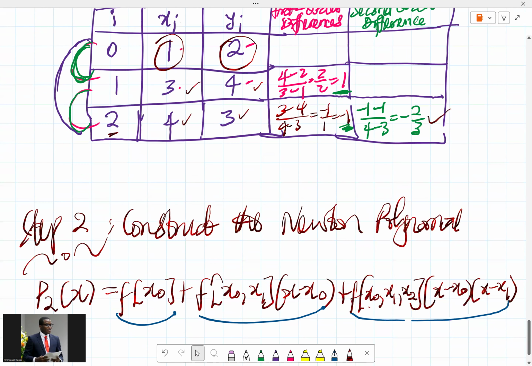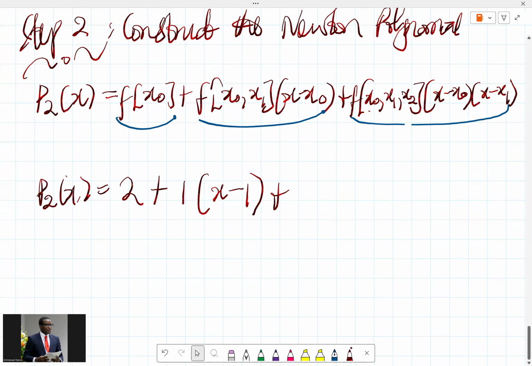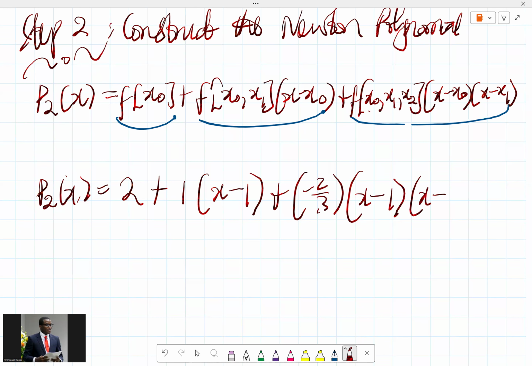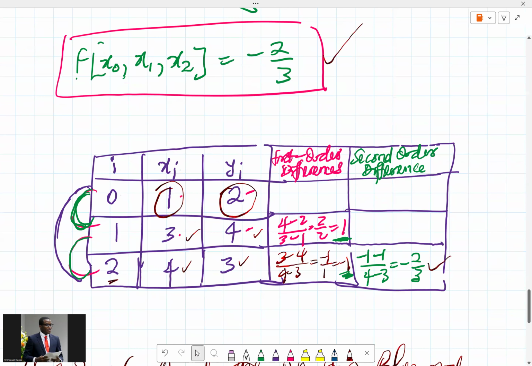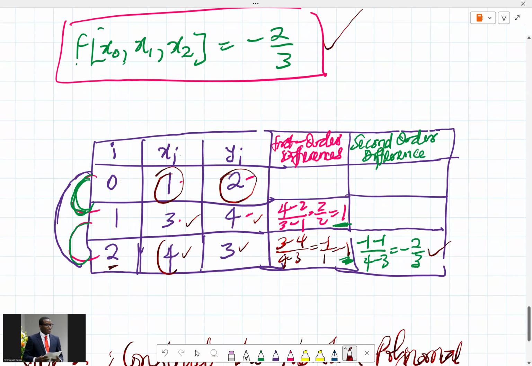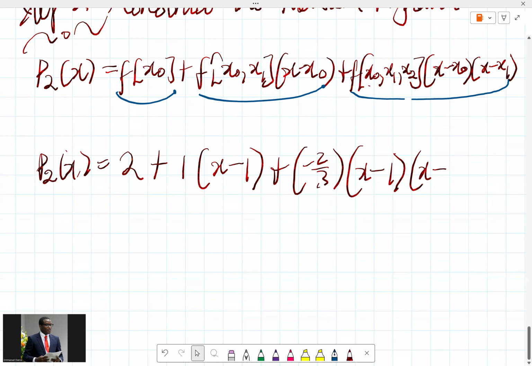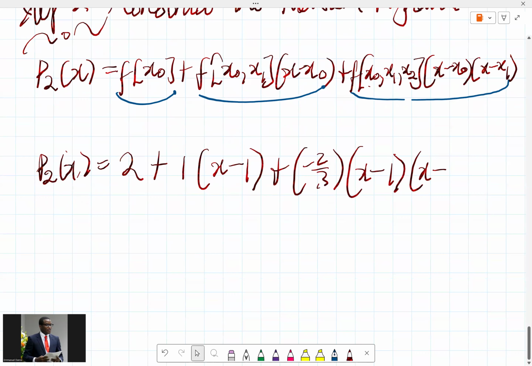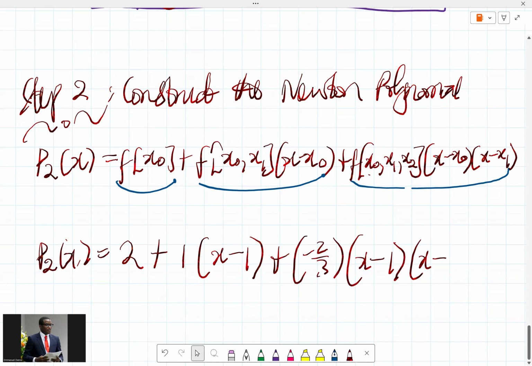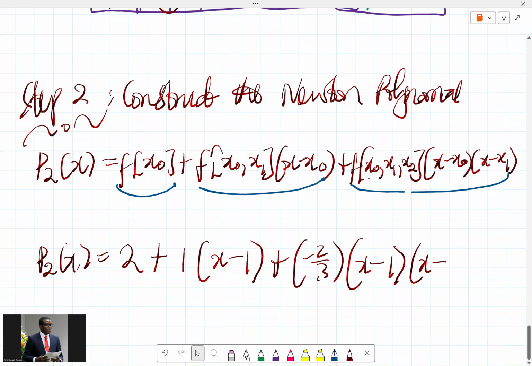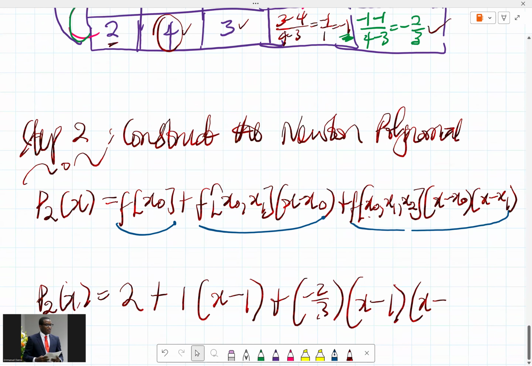So we have minus 2 over 3, into x minus x naught. x naught is 1. Then x minus x1, x1 is 4. So minus 2 over 3, x minus 1.